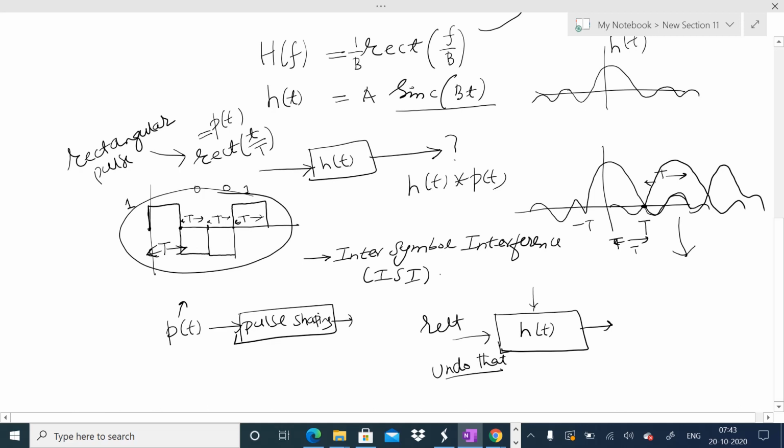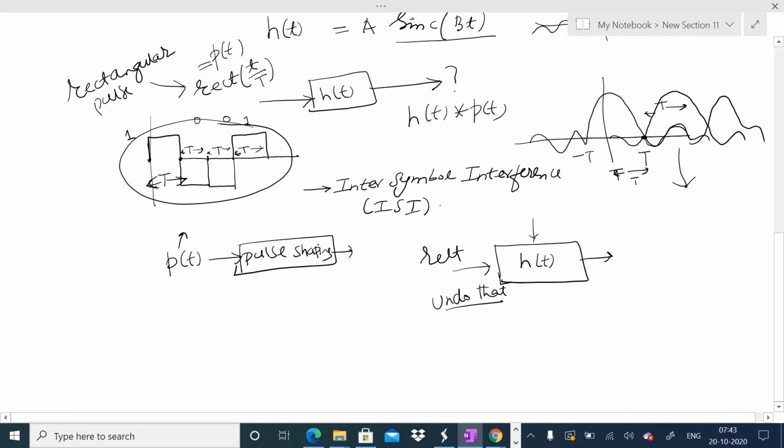So for that, we want to change the rectangular pulse to some other pulse so that there is ideally no inter-symbol interference at the output. Although exactly zero inter-symbol interference is very difficult, we can at least avoid interference.